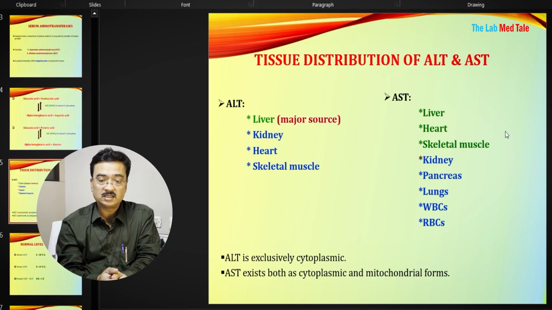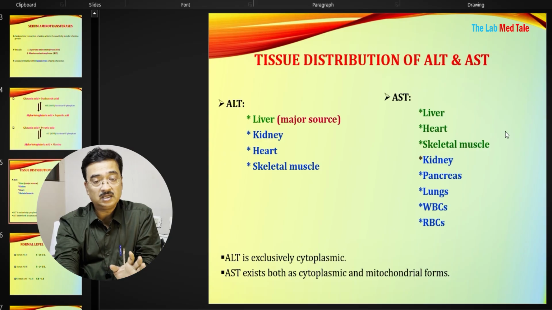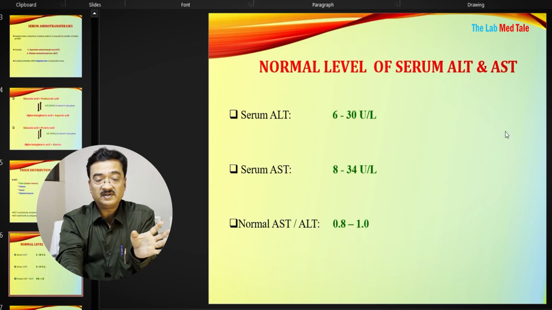AST is less specific than ALT. ALT is not only more specific, but also present in greater amount in liver. Normal levels are usually 6 to 30 and 8 to 34, and the normal AST-ALT ratio is usually 0.8 to 1, more or less similar amounts.